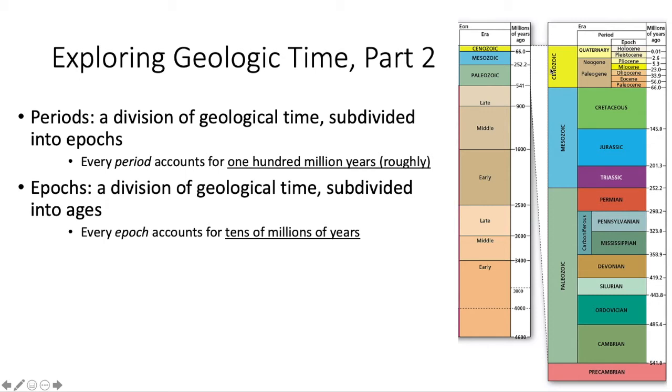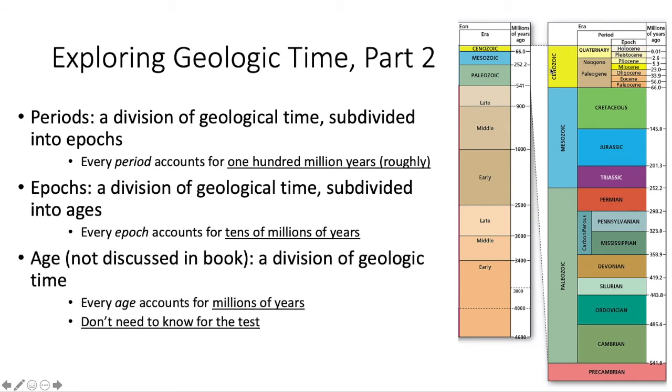There's one more geologic vocabulary word I want you to be aware of, and that is the age. The age is a subdivision built into the epoch, and the age accounts for millions of years. You don't need to know this for the test, but just be aware that there are more subdivisions built into geologic time.